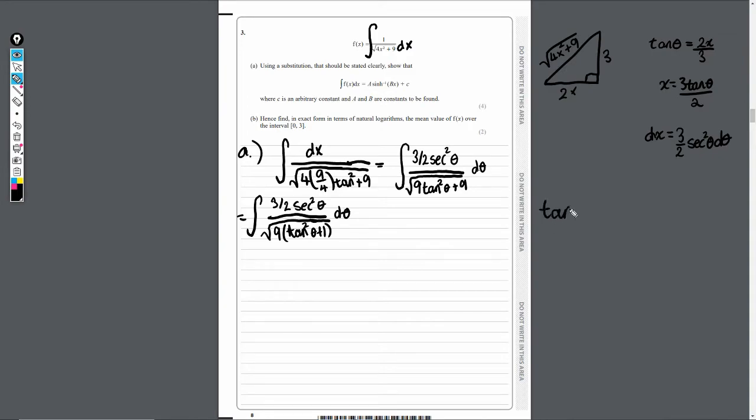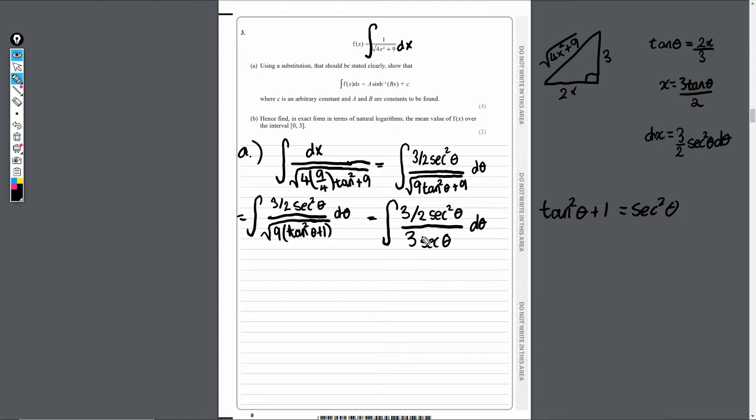So tan squared theta plus 1, well that's just simply sec squared theta. So what we actually have now is the square root of 9 sec squared theta. And then we can square root that. So this is the integral now of the square root of 9 sec squared theta, which will just give me 3 sec theta.